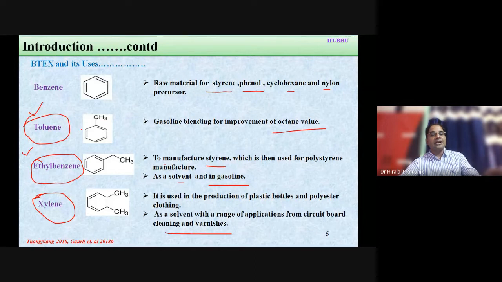Along with pyrolysis, we can do aromatization, selective cracking, as well as in situ aromatization, which can give you these important major aromatics.